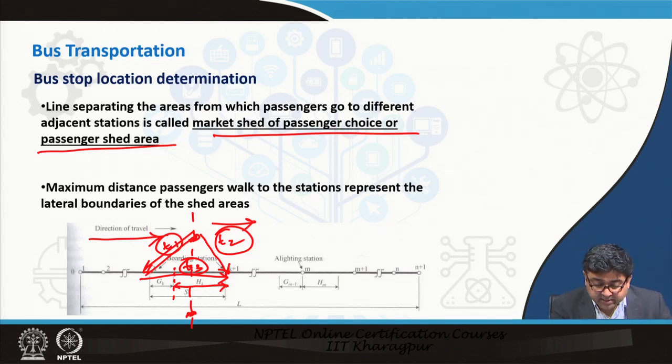So, this hk is becoming greater and greater, right. More people who are in the center and a little bit off center are all going towards k plus 1 and not towards k, because k is in the opposite direction of travel. Hence, this market shed area is shifting towards the left, in the opposite direction of travel, right.